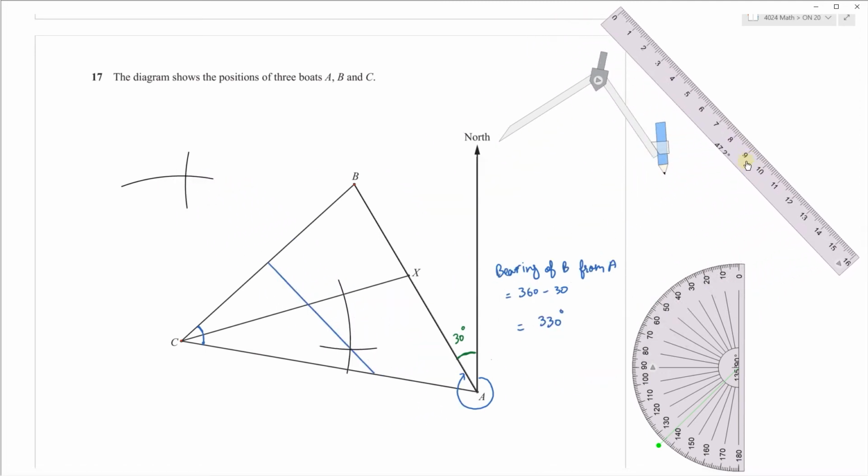So this blue line will be the locus of points inside triangle ABC that are equidistant from B and C.